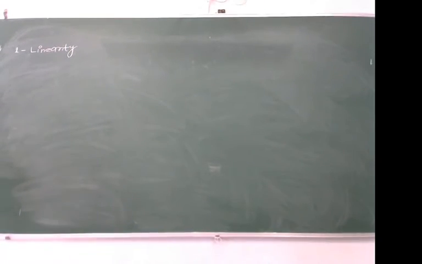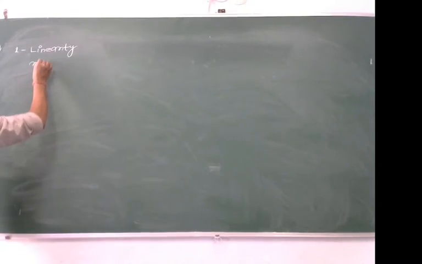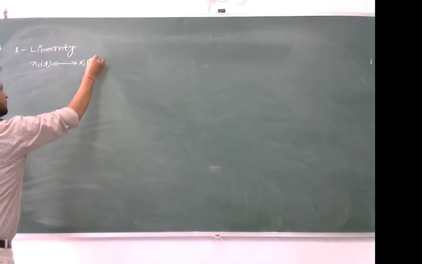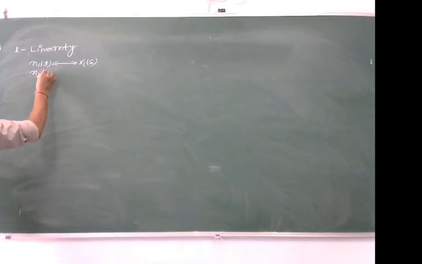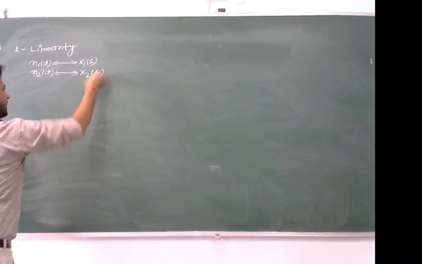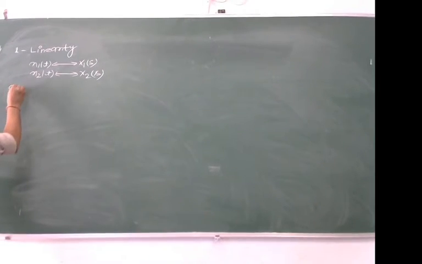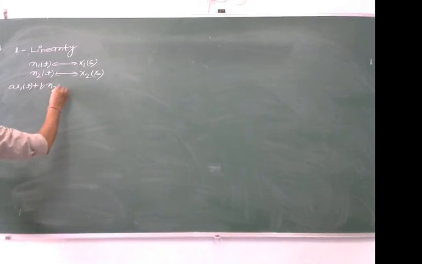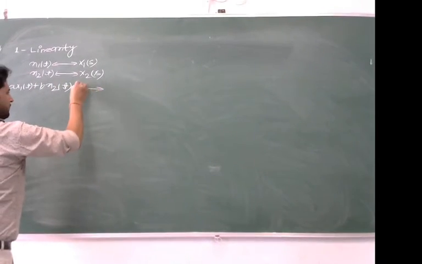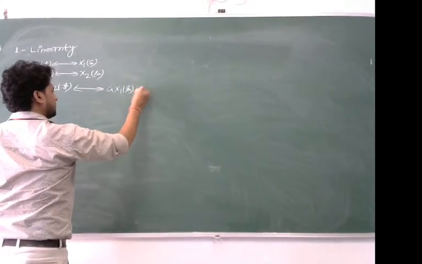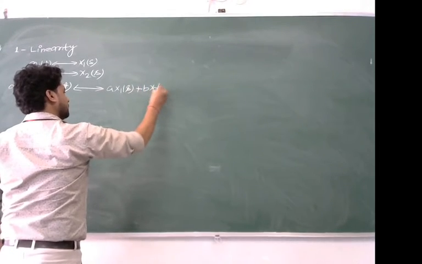Linearity says that if the Laplace transform of x1 of t is capital X1 of s and the Laplace transform of x2 of t is capital X2 of s, then the Laplace transform of a x1 of t plus b x2 of t will result in a times capital X1 of s plus b times capital X2 of s.